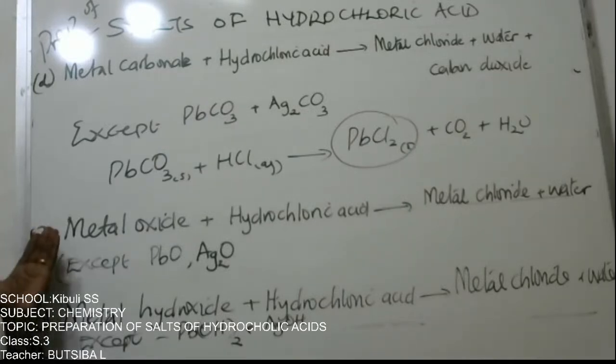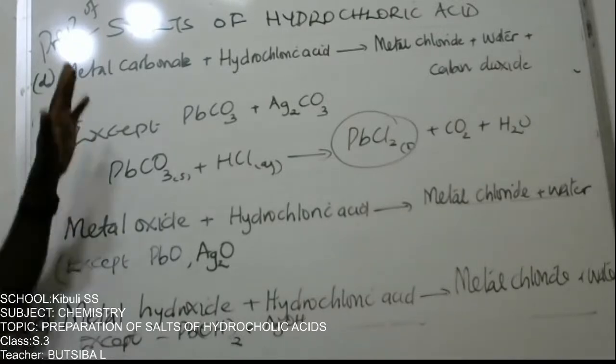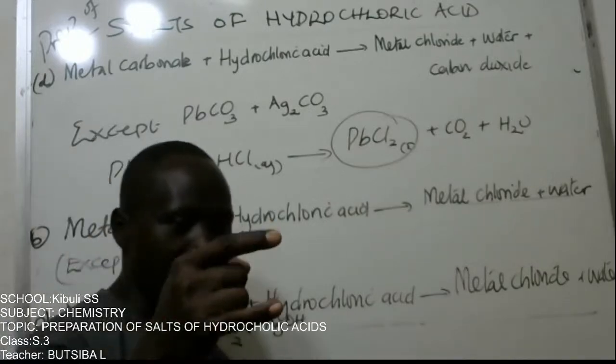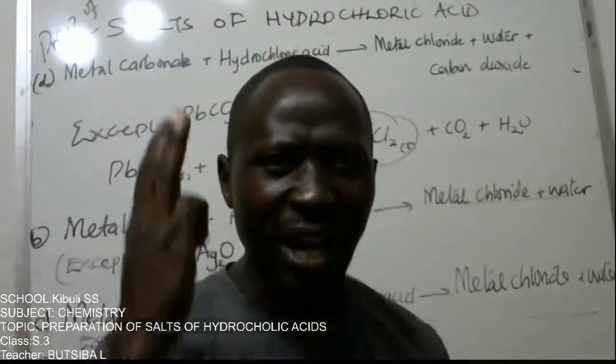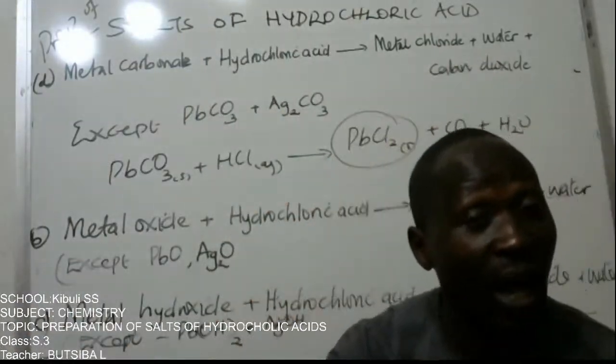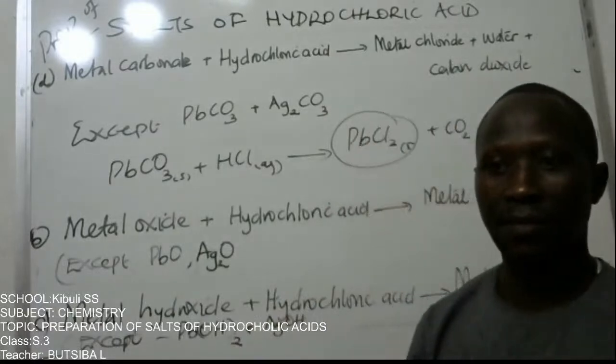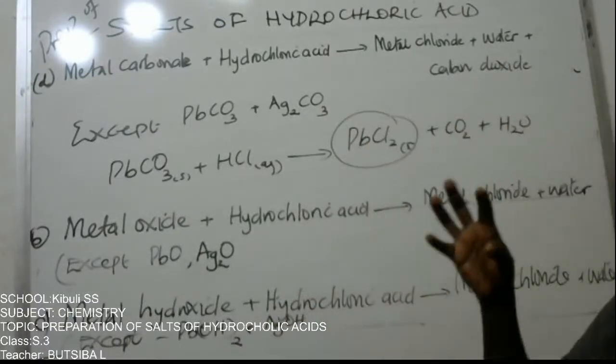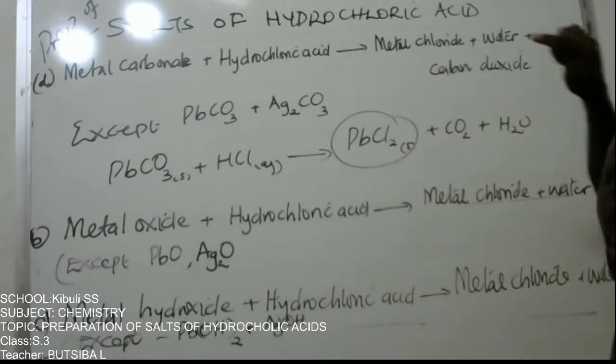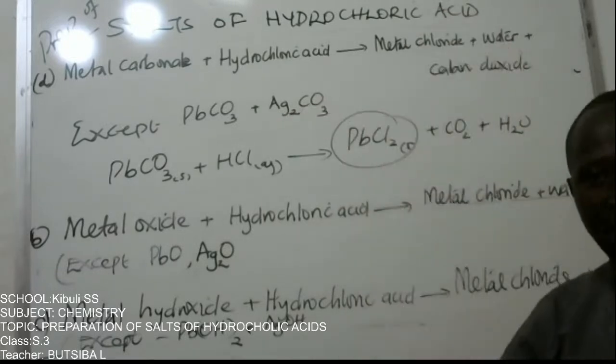So this is the scenario, from general to specific, citing a few anomalies that are available. With this information, number 1, we have revised reactions of hydrochloric acid as an acid. Number 2, we have covered the chemistry of salts of hydrochloric acid.